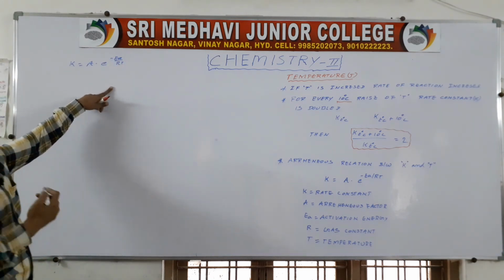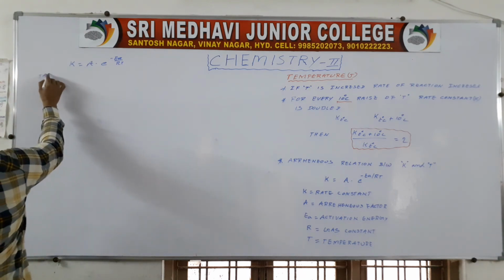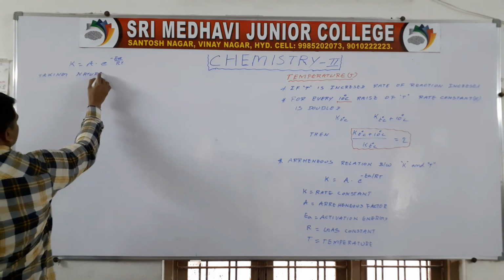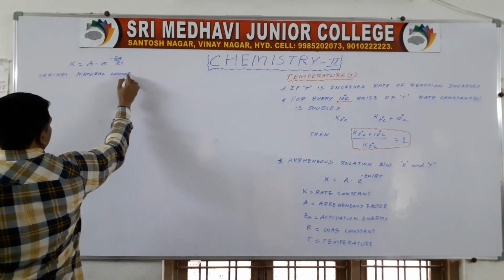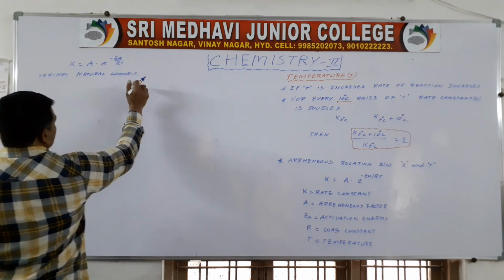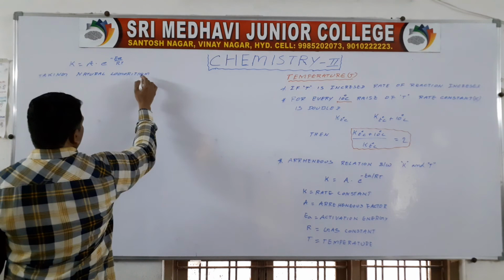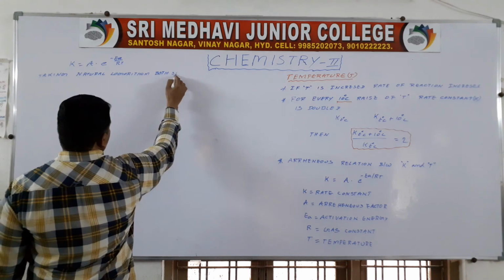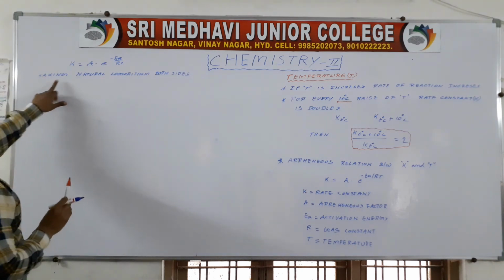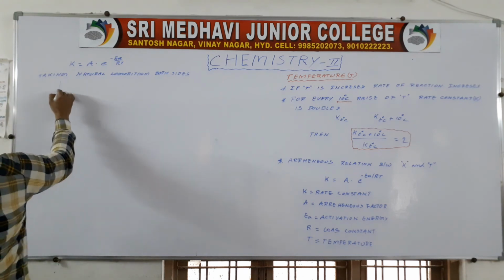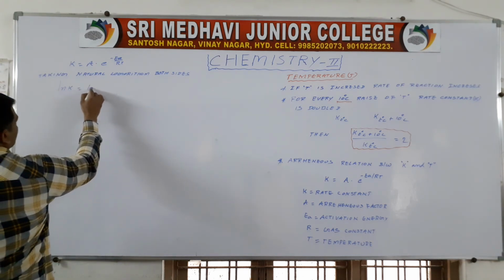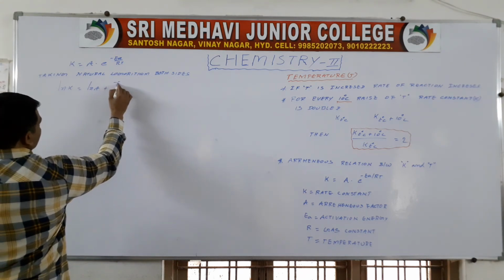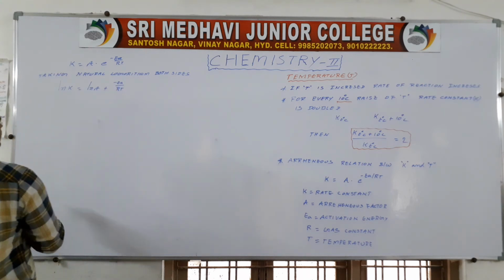For simplifying, taking natural logarithm on both sides, natural logarithm K equals natural logarithm A plus minus EA by RT.